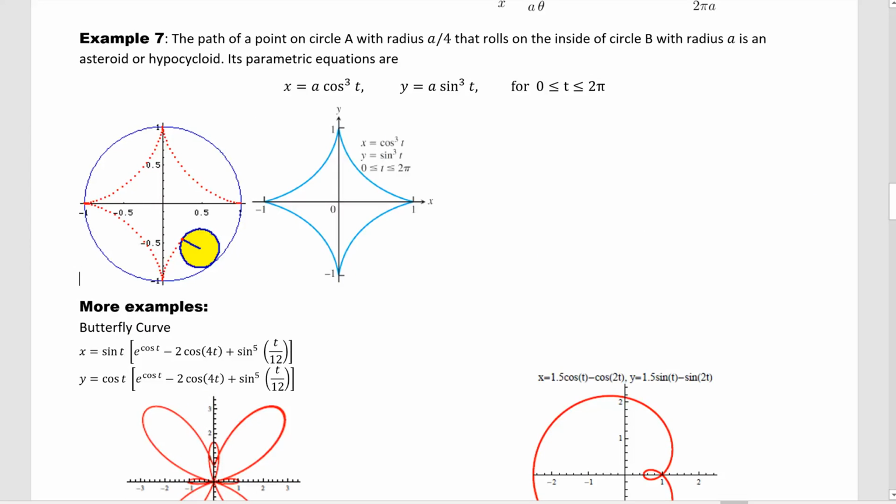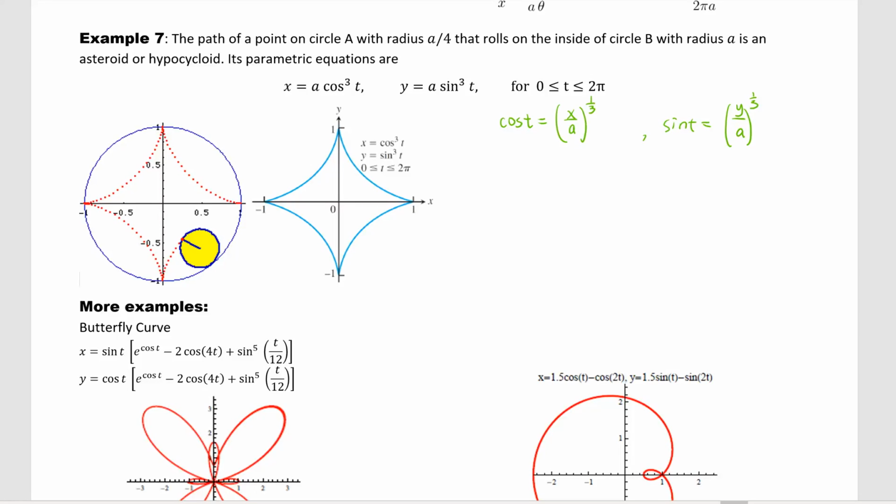So are we able to express this in terms of an xy relation? Let's try. We can solve for cosine: cosine t is the cube root of x over a, and sine t is the cube root of y over a. So far, so good, everybody? We also know cosine squared plus sine squared equals 1.